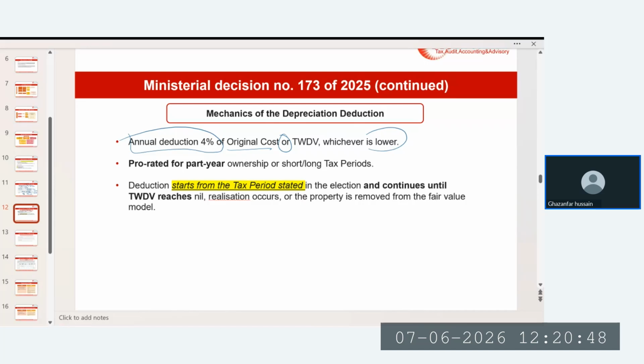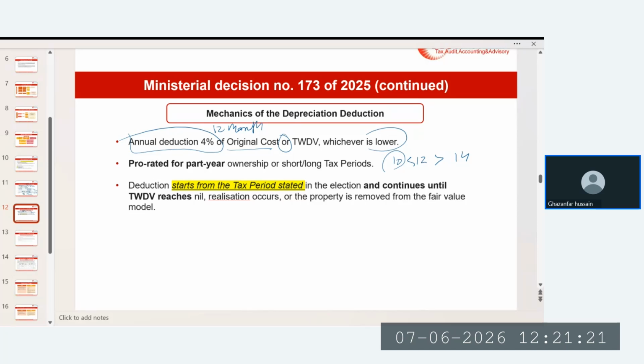This 4% is for 12 months, so it will be pro rata if the ownership period is less than 12 months, say 10 months, or if the ownership is 14 months, depending upon the first tax period or any change in the tax period. So we have to prorate based on the actual duration of the financial statement we are working on.